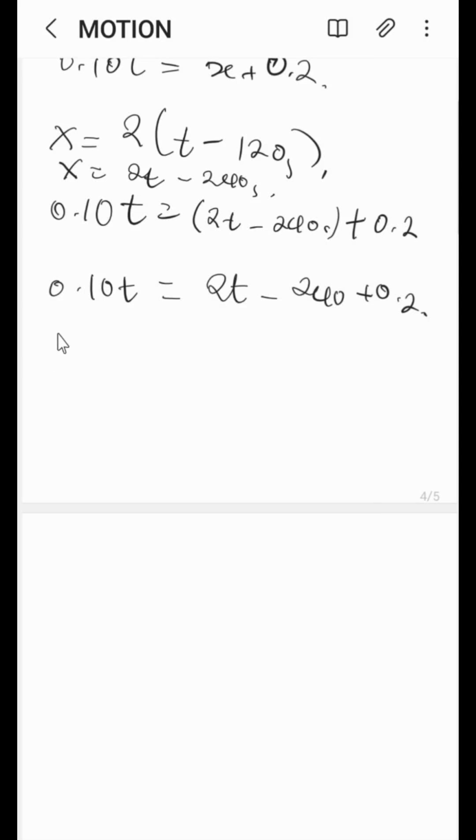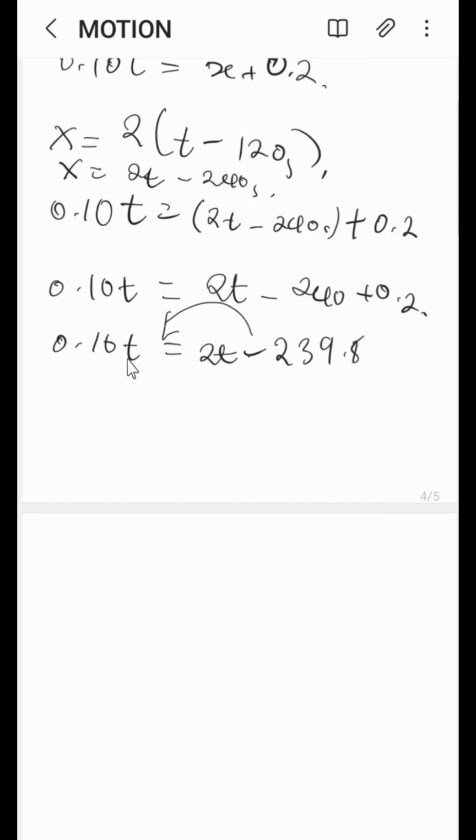Okay, so we have 0.1t is equal to 210, so we can say negative 240 plus 0.2, that should give you negative 239.8.